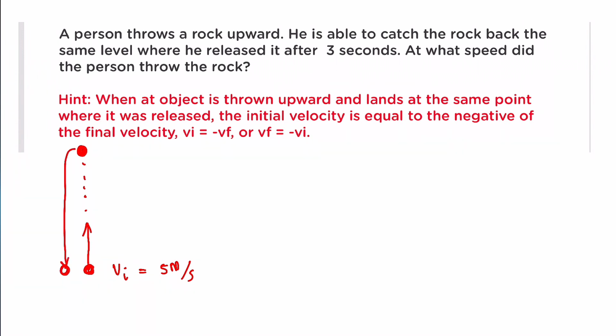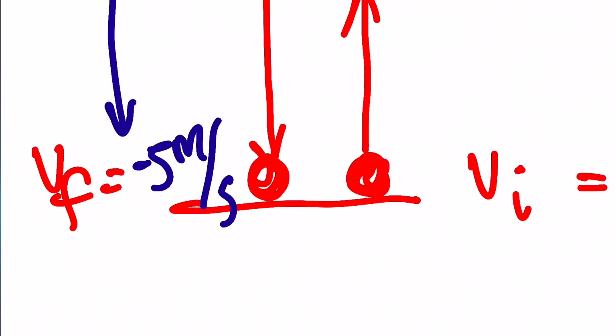The velocity of this object is equal to the negative of the velocity when it was released. So can you tell me its final velocity now? Negative 5 meters per second, because the object is going down and velocity is a vector quantity. Since it's going down, we put the negative sign there.